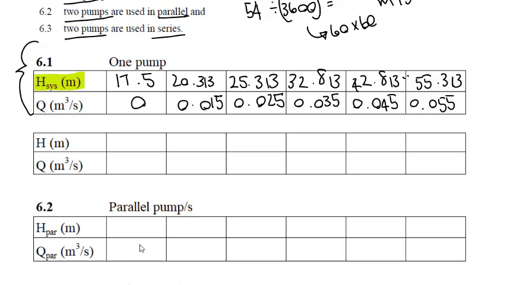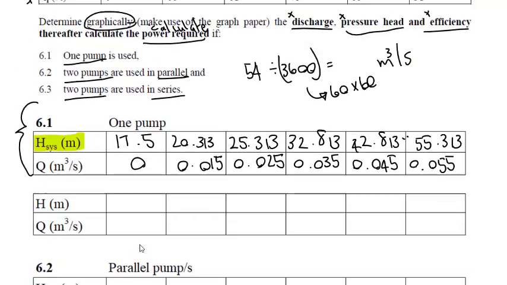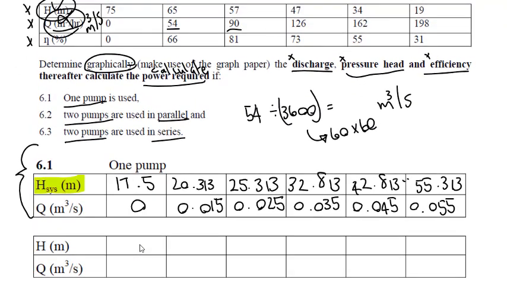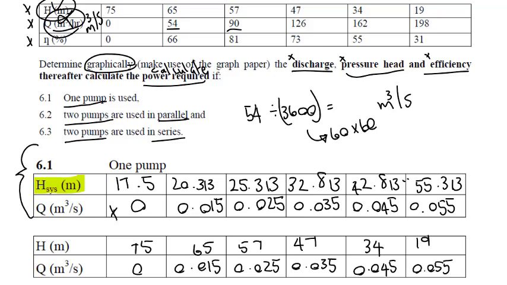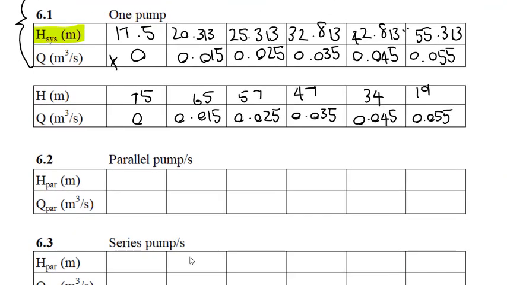If you don't know what to do next, at least you can plot this on your graph paper and get some marks for it. The next part is to simply rewrite the values you've been given, except this time your Q values have to be the ones you calculated here. Now we've got the values converted, and we've got our H system curve that we'll be able to plot.